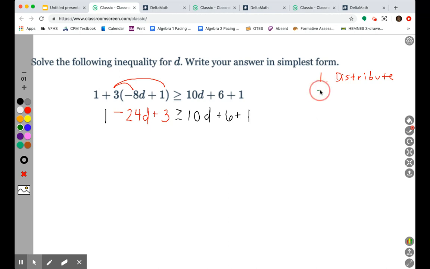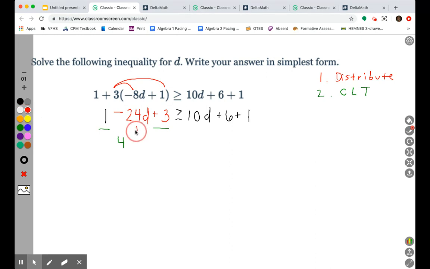Step number 2, you want to combine your like terms. So you're going to look for things that are on the same side of your inequality symbol that are like terms and combine them. So I have 1 and positive 3 that I can combine, and I can put them either at the front or at the back of the negative 24d. I'm going to put them out in front. So 1 plus 3 gives me 4.